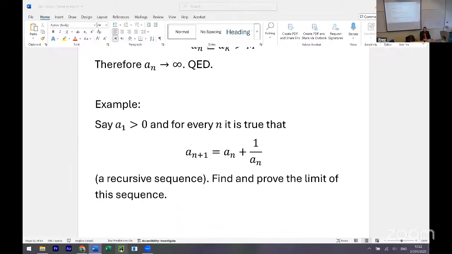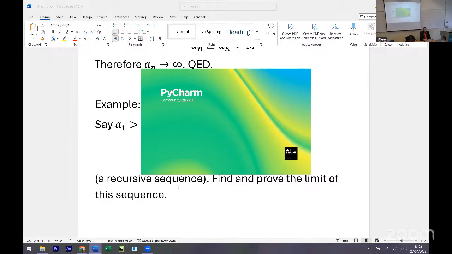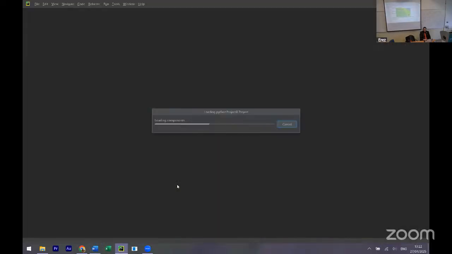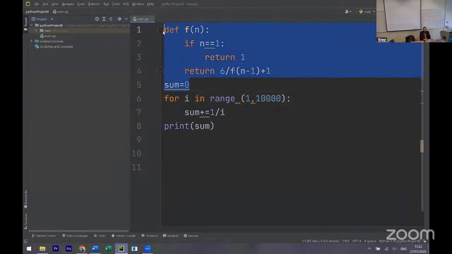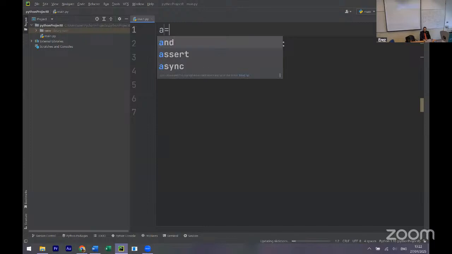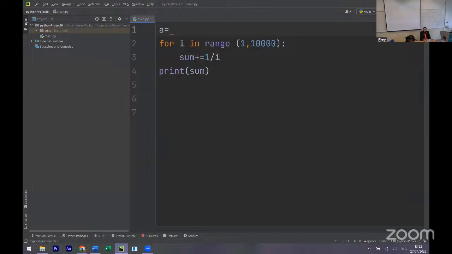Let's open the computer for a second. Programming, PyCharm, yeah. Let's just do it iteratively. I'll define A to be some positive number. Let's start with 1. And let's do it, I don't know, 100 times.